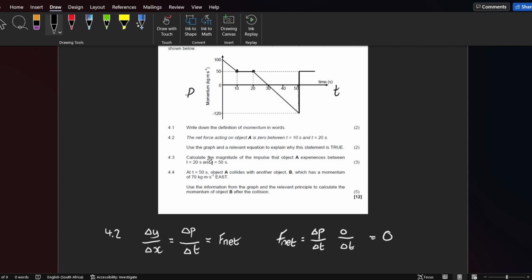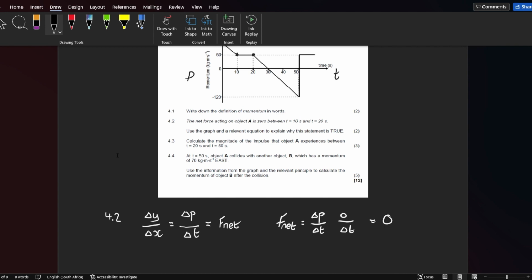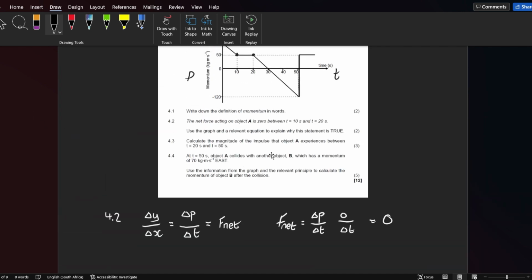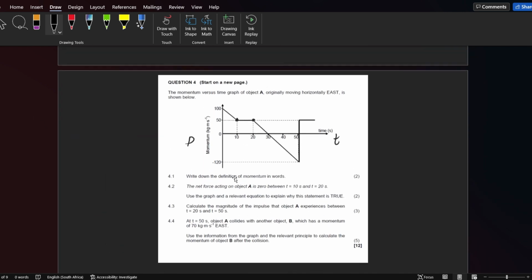Question 4.3 asks, calculate the magnitude of the impulse that object A experiences between time equals 20 and time equals 50 seconds. Now, impulse is basically the change in momentum of an object. So if we want to calculate the impulse of this object, we need to calculate the change in momentum, which means it is the final momentum minus the initial momentum. So let us go see. They wanted between time equals 20 seconds and time equals 50 seconds.